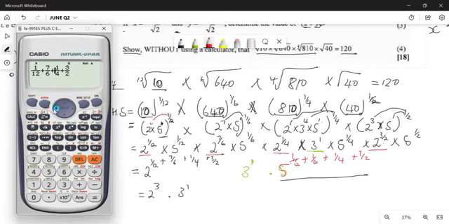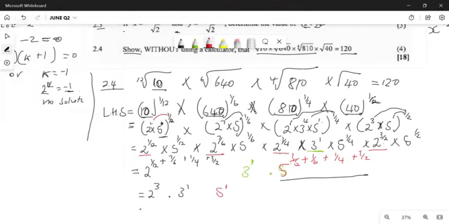We have 1/6 here, 1/12, 1/4, and the last one 1/2. Let me check: is it fine like this? So we have 1/12, 1/6, 1/4, and 1/2. Yes. If we say equals, it gives us 5 to the power of 1.